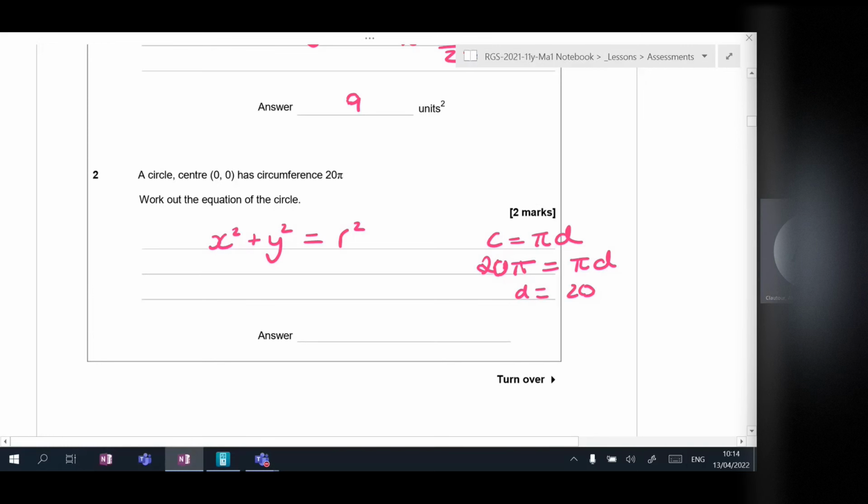So if my diameter is 20, my radius must be 10. So it would be x squared plus y squared equals 10 squared, which is 100.